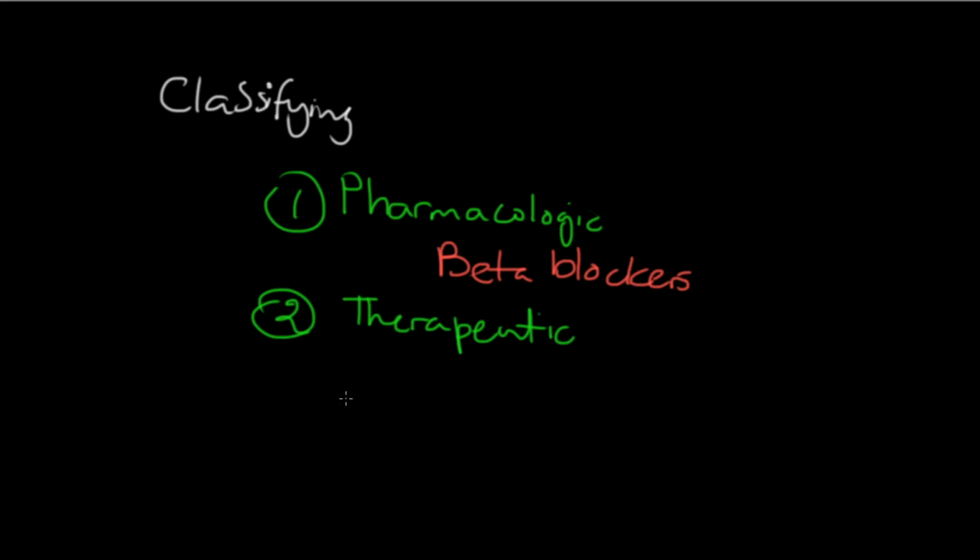An example of a therapeutic class would be antihypertensive medications. These are classes grouped together based on how they affect the body. So, pharmacologic, therapeutic, just a way to remember it. Okay, now let's talk about where drugs come from.